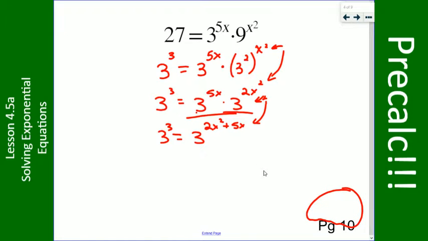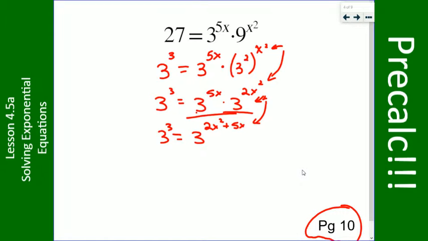Page 10 in your book has a bunch of exponent rules that you will be able to use and manipulate to figure out what you need to be doing when you encounter weird exponent-y things like this. So if you need to, please pause the video, go take a look back at page 10 and really dive into why the things that just happened.